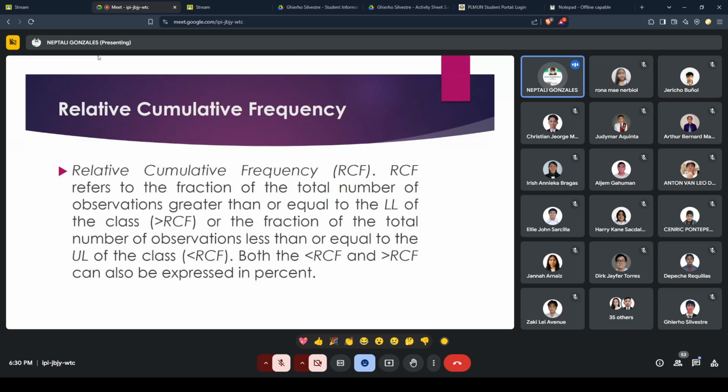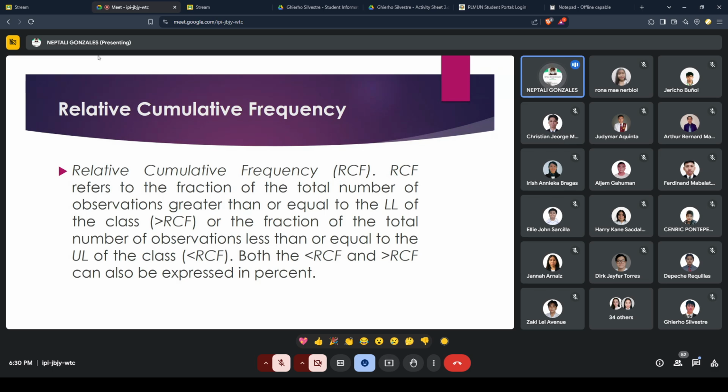The relative cumulative frequency, or RCF, refers to the fraction of the total number of observations greater than or equal to the lower limit of the class, greater than RCF, or the fraction of the total number of observations less than or equal to the upper limit of the class, less than RCF. Both the less than RCF and greater than RCF can also be expressed in percentage.